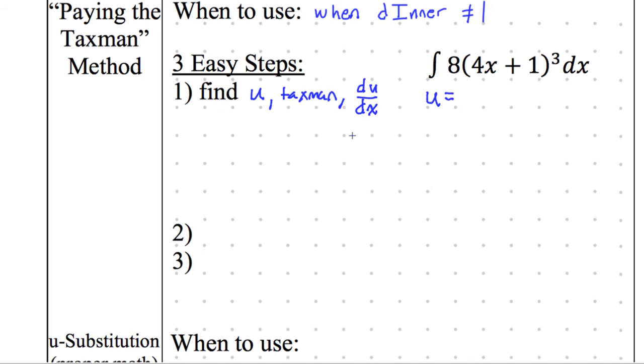What is U? U is going to be that inner, right? Have we talked about finding U before? Roughly, in the past. What is U then? Is it 4x plus 1? It's 4x plus 1. So it's everything inside. U is equal to the inner.